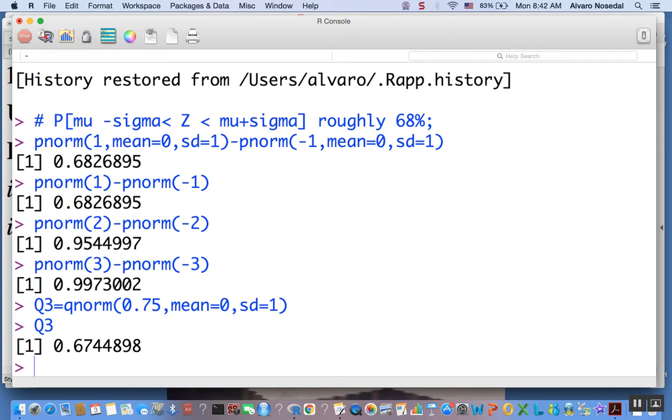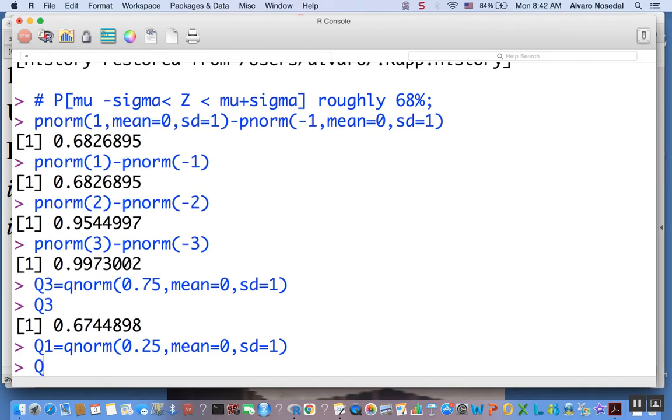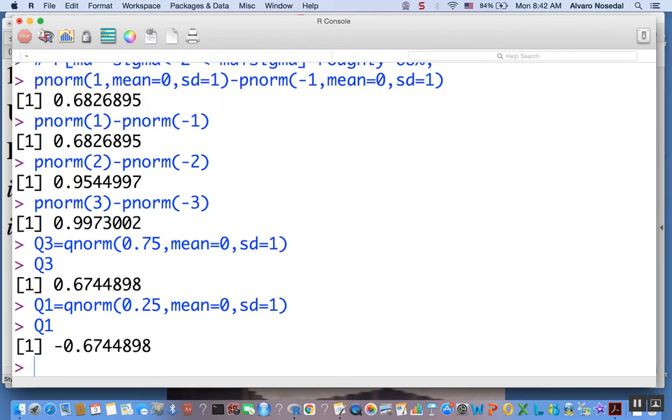Okay, now let's find Q1, the first quartile. The first quartile of a normal distribution is a number such that you have 25% of the observations to its left. So Q1, guess what, happens to be the negative version of Q3, right? Okay, so let's just do a little bit of algebra here.